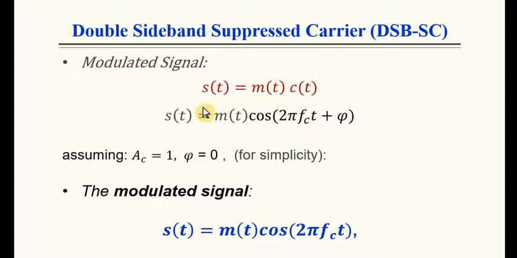Basically, double sideband suppressed carrier consists of the product of the message signal with the carrier signal, which gives us the modulated signal s(t).